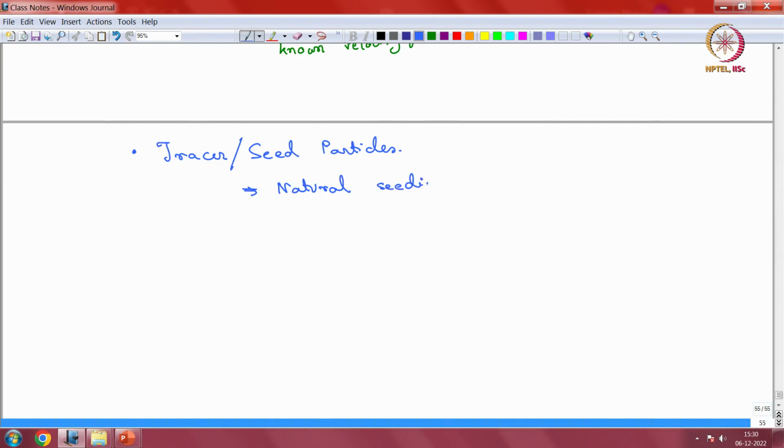So, natural seeding is sometimes possible, by which I mean that you need not add an external tracer particle. An example is some multiphase flows.